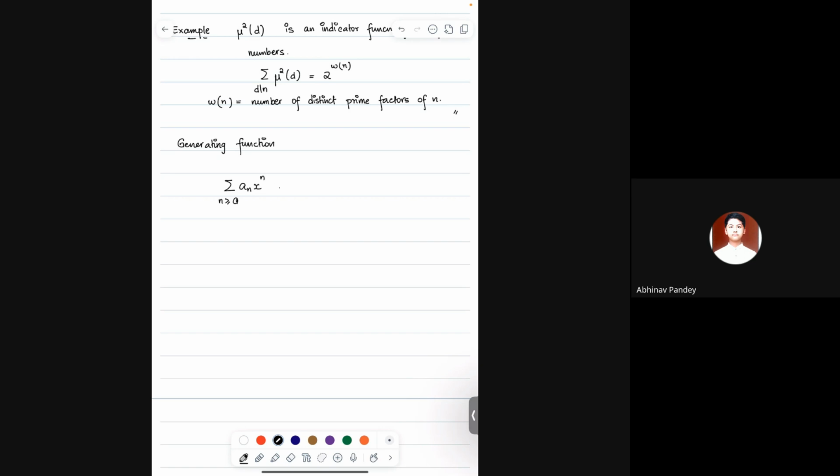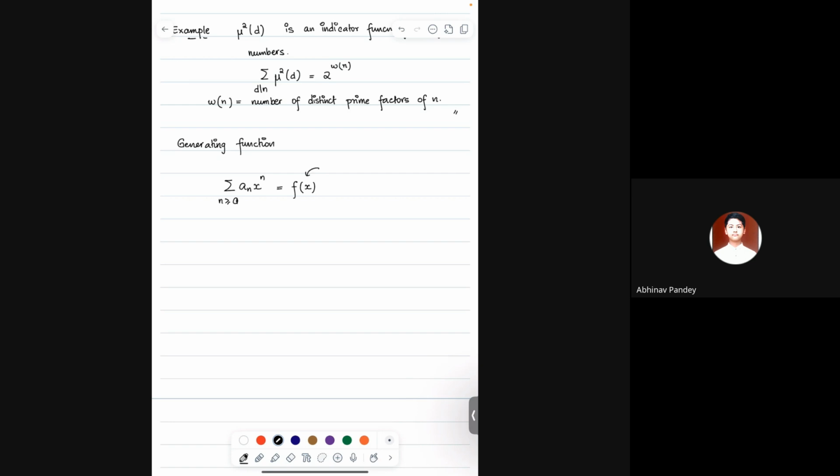And if I can write this as some function of x, then I call f(x) a generating function. So when I say it's a function of x, I'm not writing it as a sum. I'm writing it as a function as you sort of understand it, right?